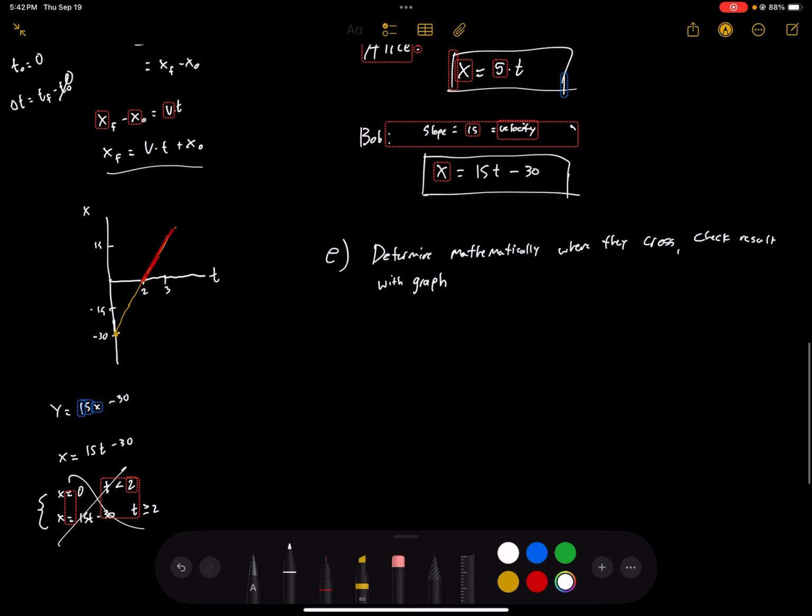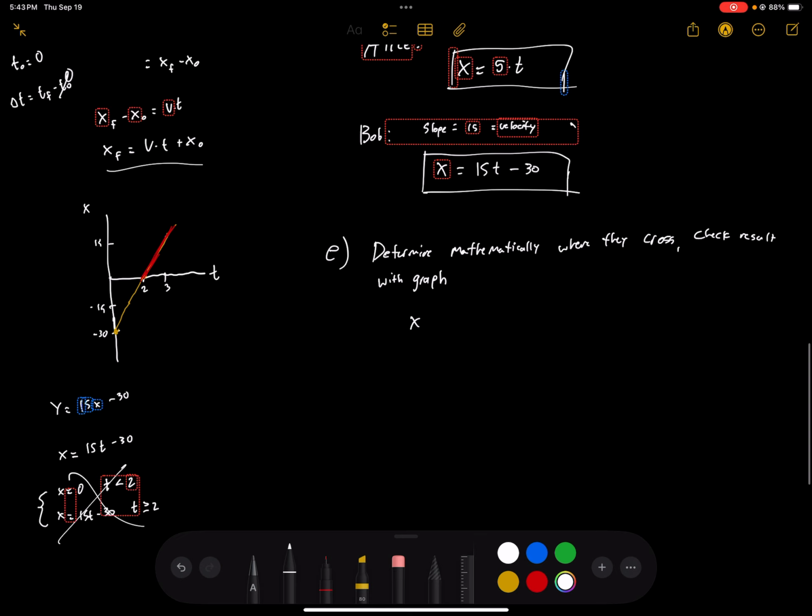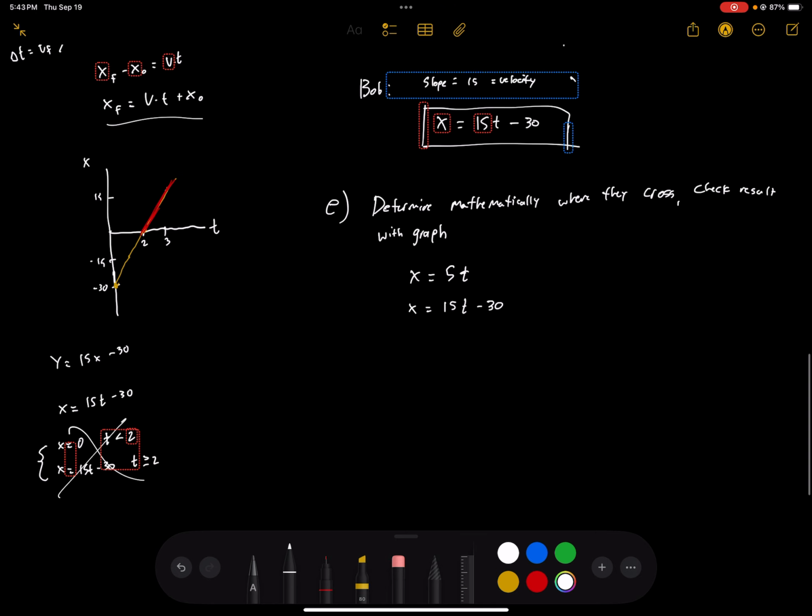And as you all know from algebra, if I have two separate equations, and these equations have two variables, x and t, I can set them equal to each other, right? If I want to find a point where these two lines meet, they're going to have the same x coordinate, right?